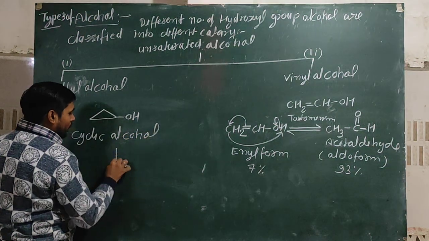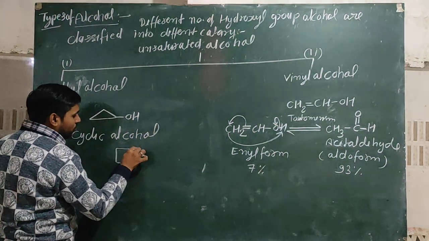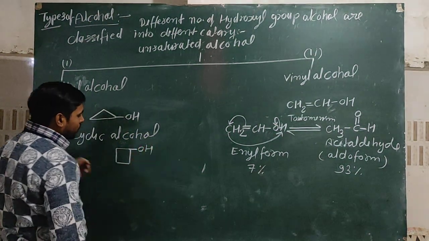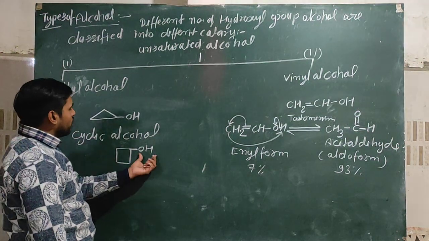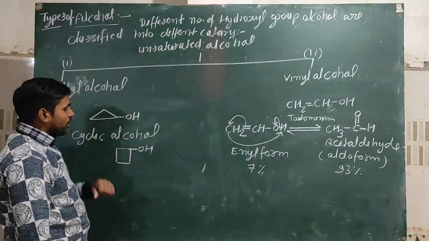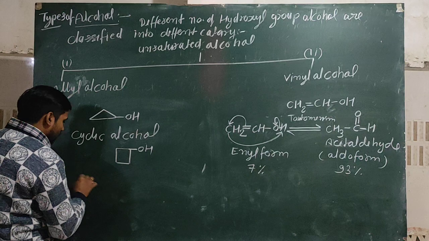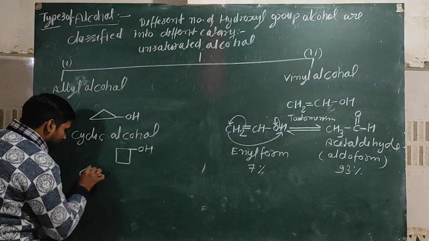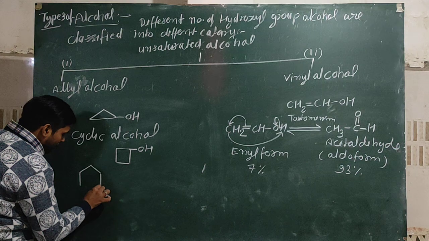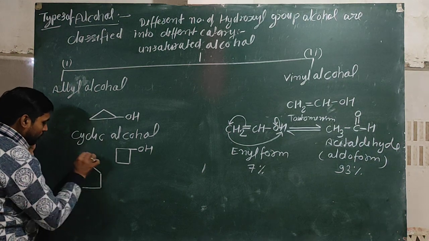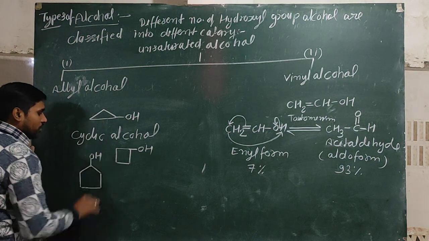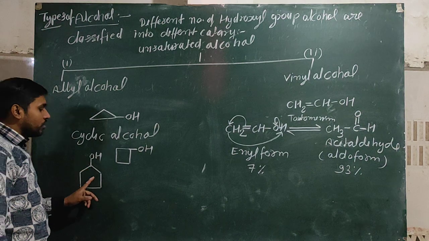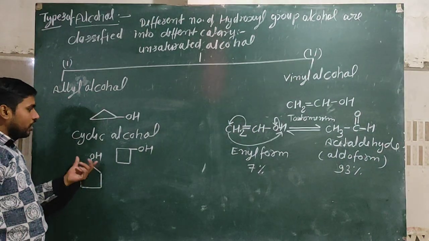It may be present in the form of 4 carbon atoms, cyclobutyl alcohol, cyclopropyl alcohol. And when the cyclopentyl group also contains one OH group in its structure, then it is known as cyclopentyl alcohol.